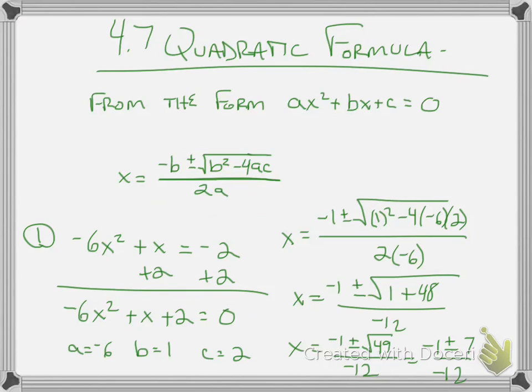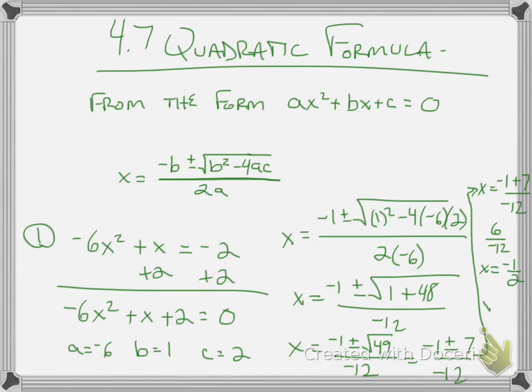And then I'm going to move up here. You're going to have 2 parts, and I'm going to simplify it further. Negative 1 plus 7 divided by negative 12. And that's going to become positive 6 divided by negative 12, which is negative 1 over 2, and simplify it.